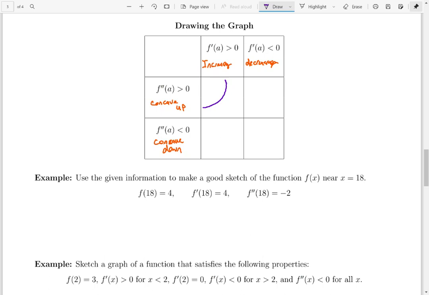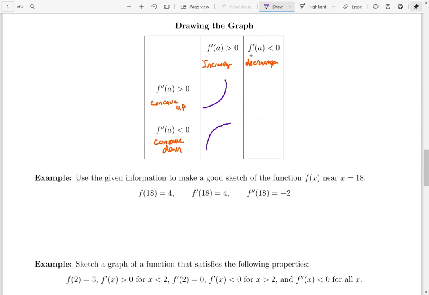Remember, as we move left to right, we must be moving up, but we also have to have a concave down function. The concavity being down, that is cap-shaped, while also increasing. So that could look like this. And there we have a concave down increasing function.